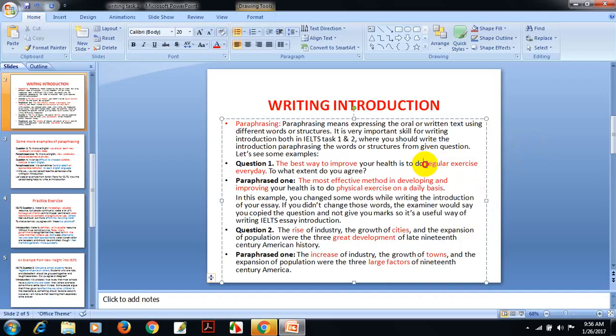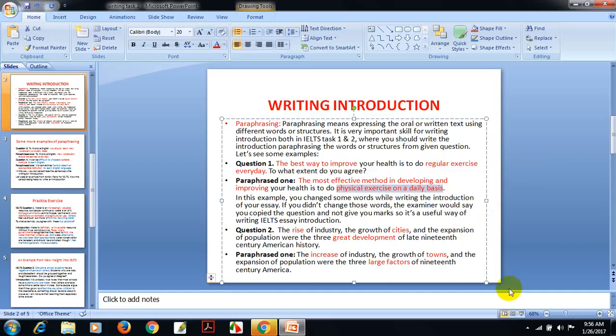Another phrase: regular exercise every day. That is changed. You can add words like physical exercise; physical is added here. Physical exercise on a daily basis.